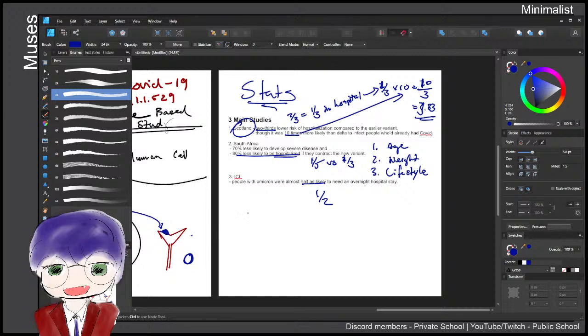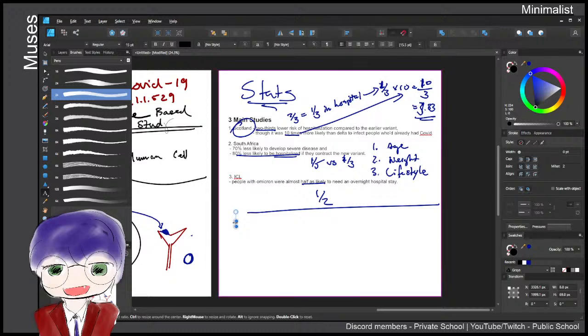So essentially, conclusions, right? Let's have some conclusions here for the bottom line. Let's call it the bottom line. Omicron is less deadly but more infectious.